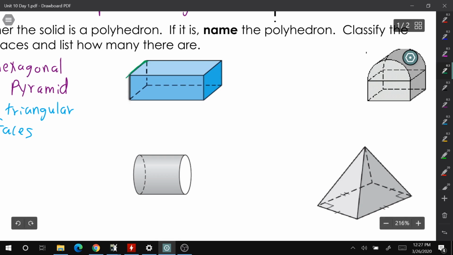I'm going to choose these two just to make things a little bit different. So this is our base, and this is another base.